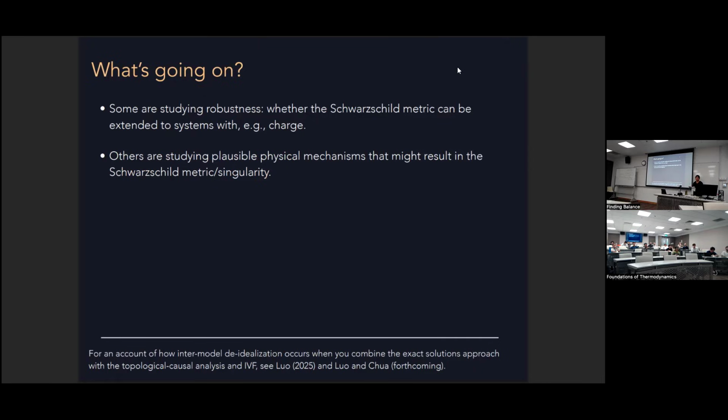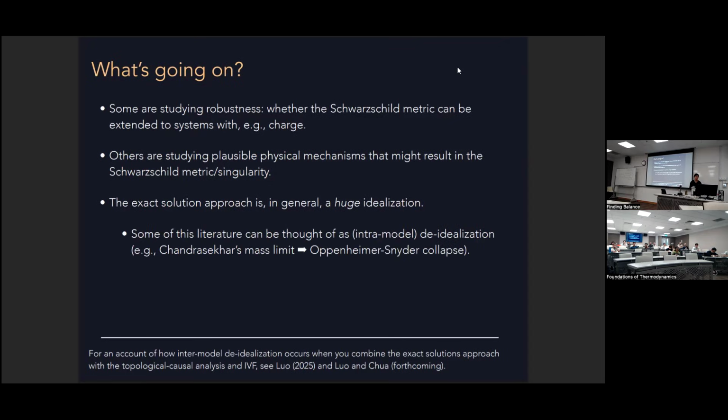Others are studying plausible physical mechanisms that might result in a kind of singularity, right? That's the collapse model. And in general, of course, the exact solution is a huge idealization. So in all of these cases, this is a huge idealization of what the universe can be described as. And so we might think of some of this literature as thinking about intramodel de-idealization.